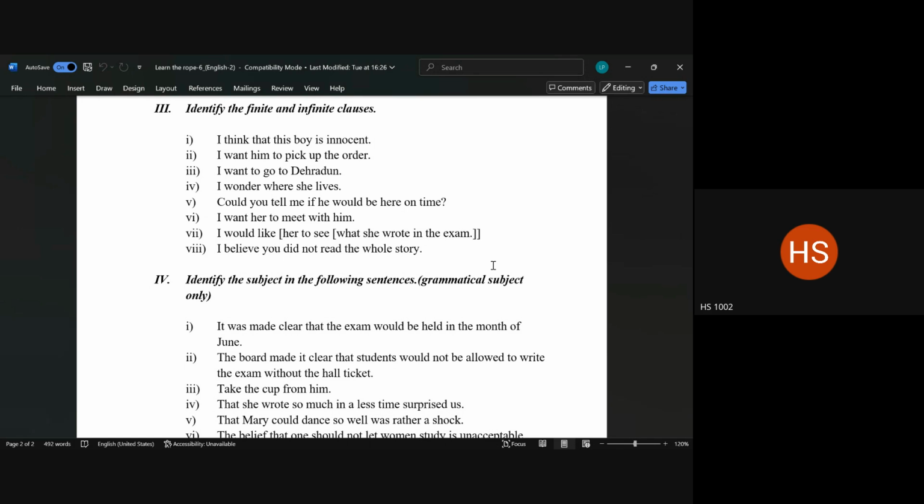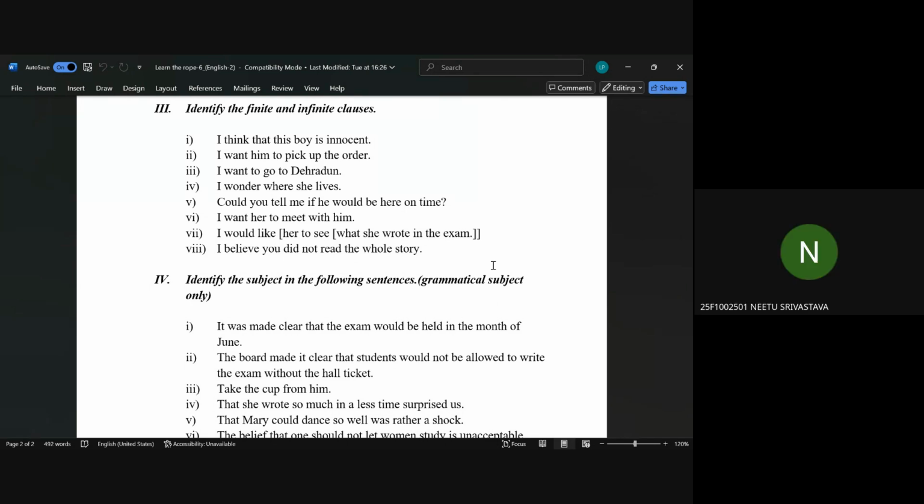So how about the first sentence then? I think that this boy is innocent. What is the subordinate clause first of all? That this boy is innocent. Is this clause finite or non-finite?